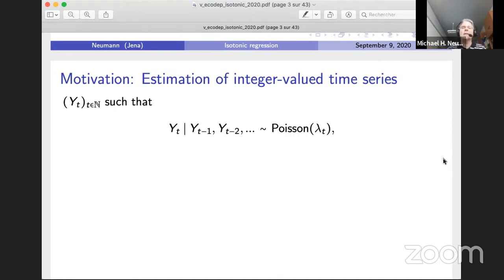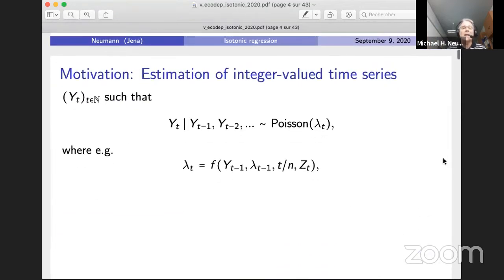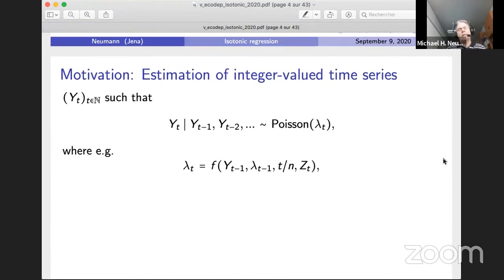Yes, and this intensity lambda_t may depend on lagged values of the Y process, on lagged intensities. Maybe there's also some trend, and also exogenous variables are possible, these C_t.